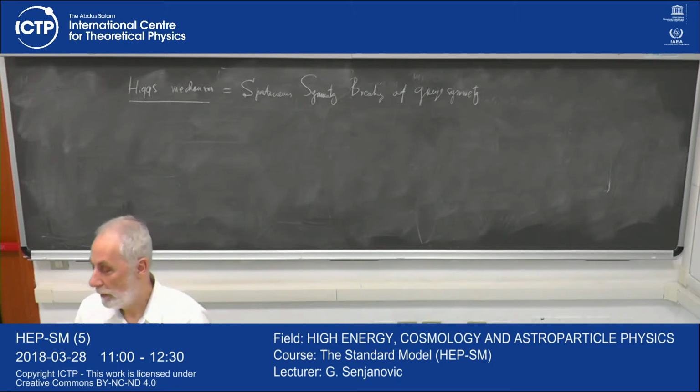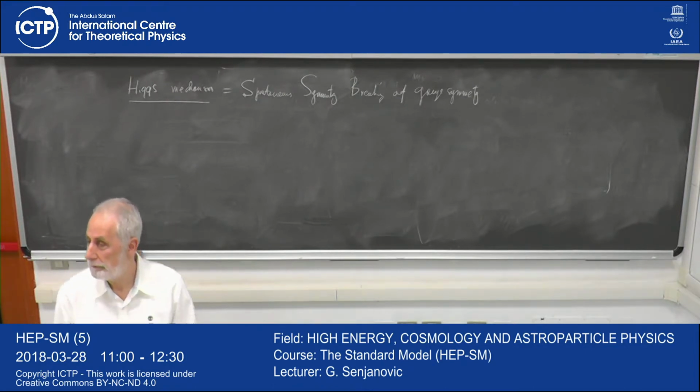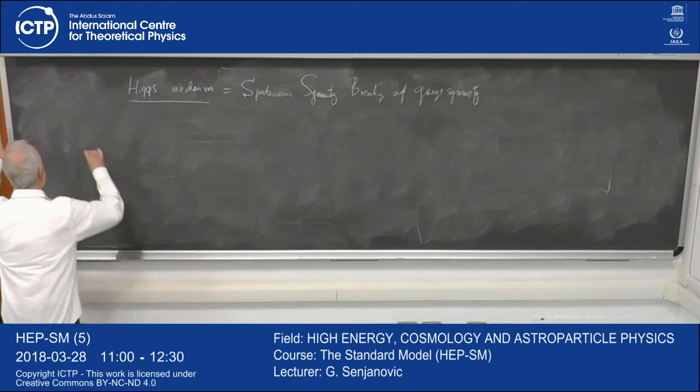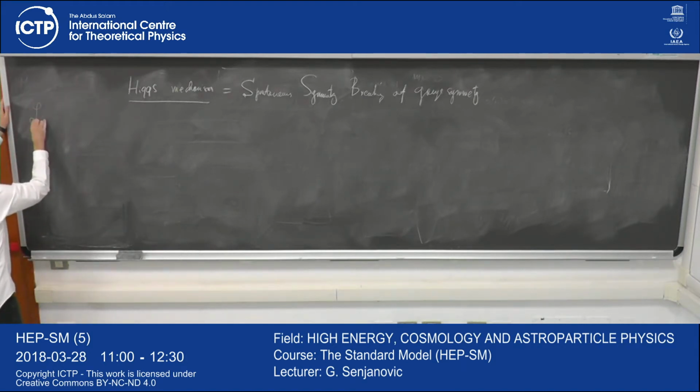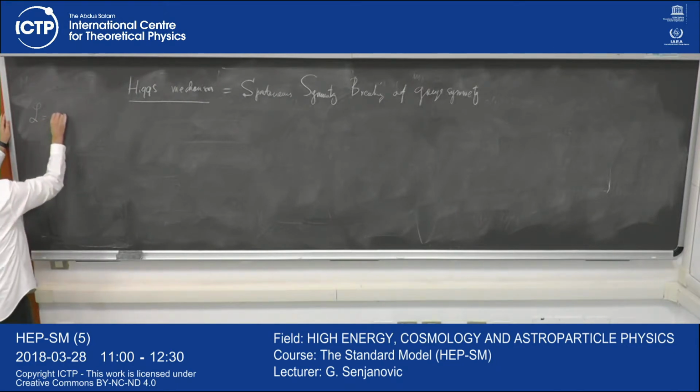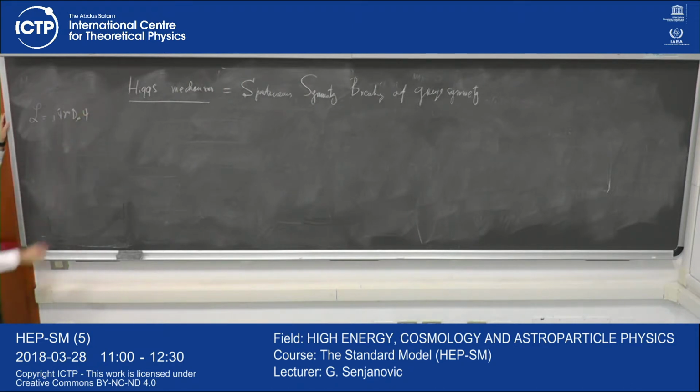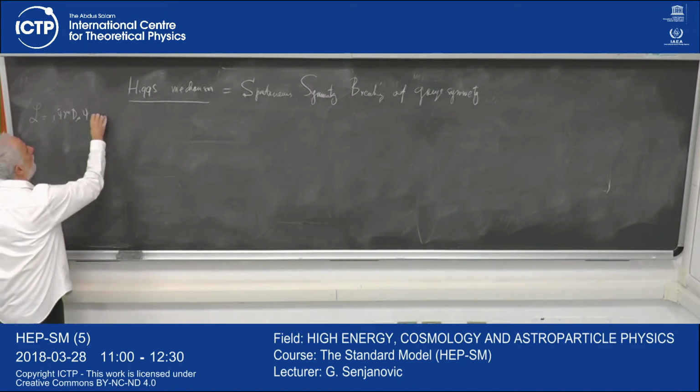So can that be an electromagnetic field or an electron field? You see, I have a theory already at my disposal. Let me write that theory. This is the prototype of the standard model. It looks like this. I have fermions. In the standard model, I have many fermions, but they all have the same structure of the interaction, the covariant derivative.